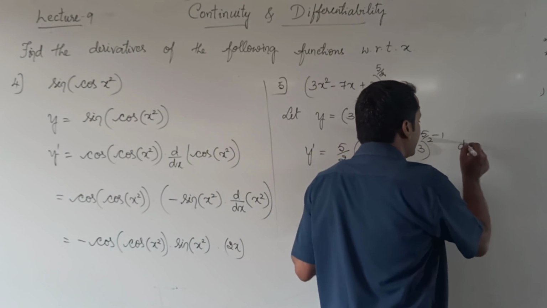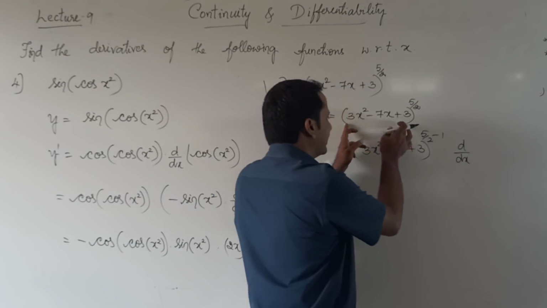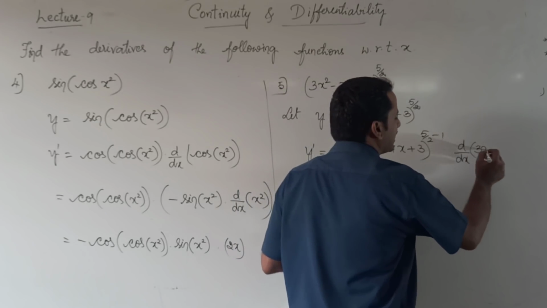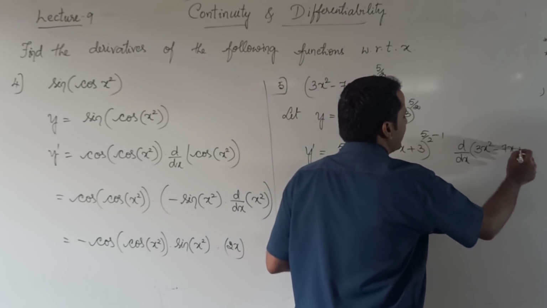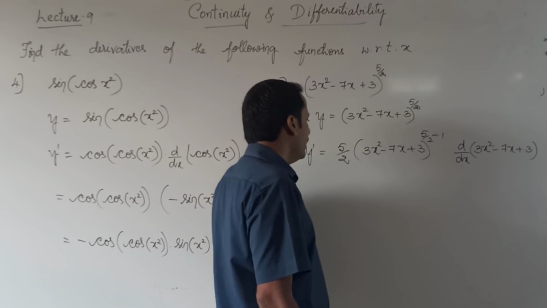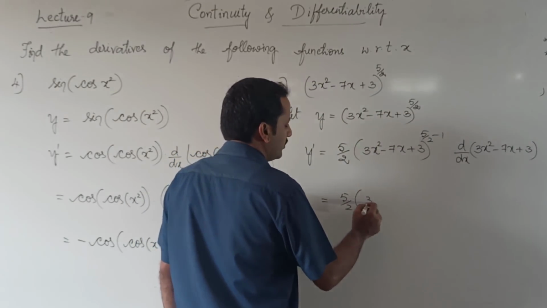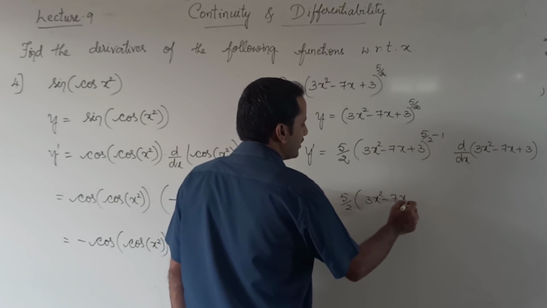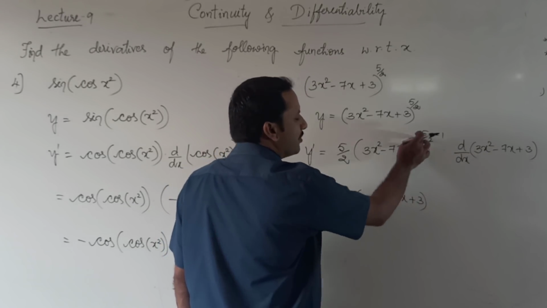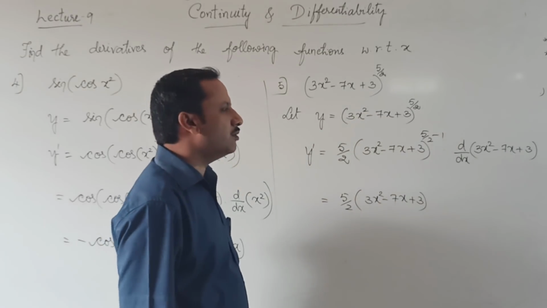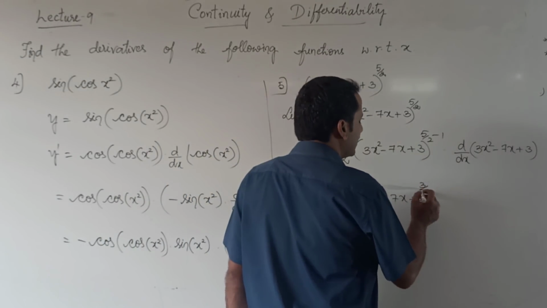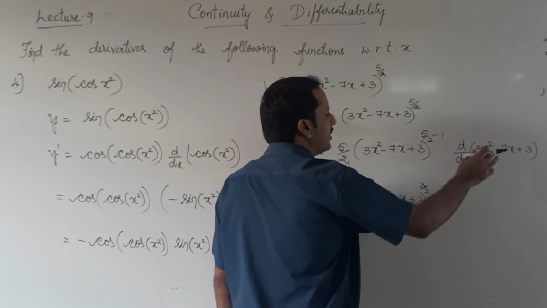Into the derivative of this factor, the derivative of 3x square minus 7x plus 3. This is equal to 5 by 2 into 3x square minus 7x plus 3 whole power 5 by 2 minus 1. 5 by 2 minus 1 will give us 3 by 2, into the derivative of this.